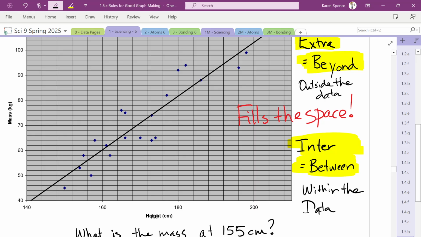We said, what is the mass at 155 centimeters? Now, let's just say, I don't actually love this graph because it's a little bit weird. Let's say this is 155 right here.